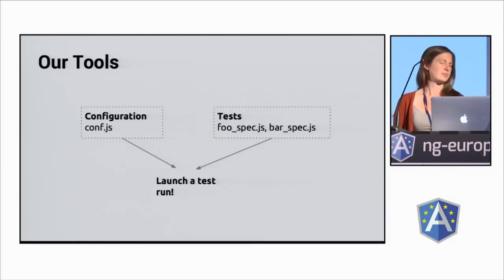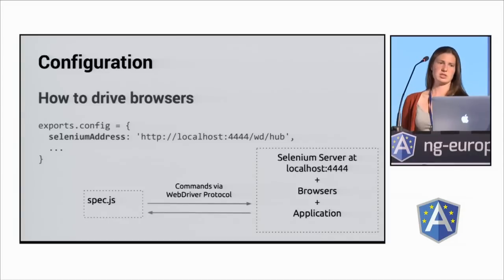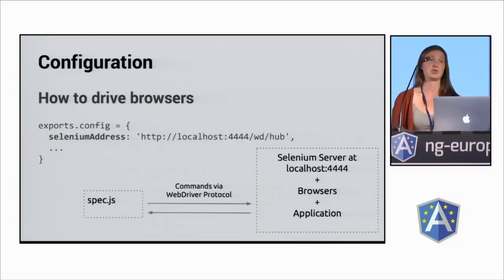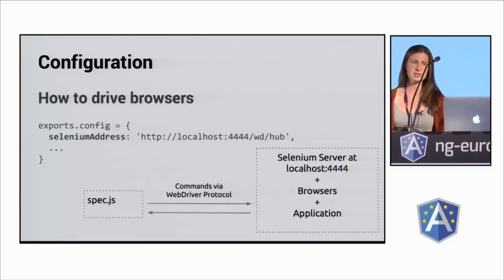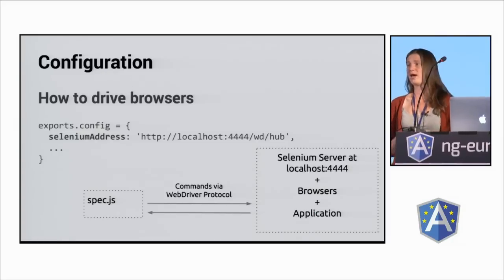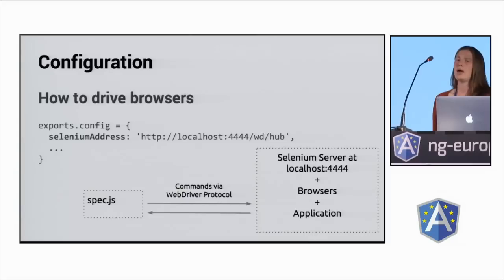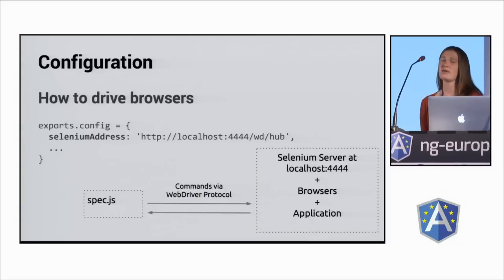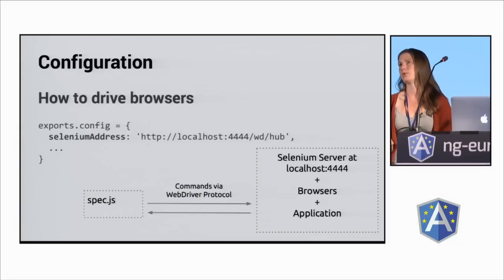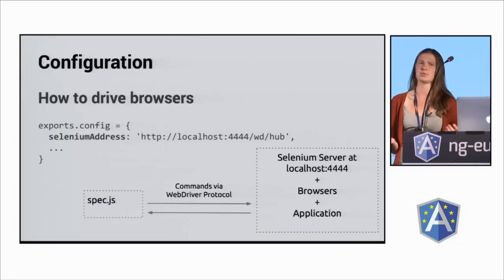What goes inside one of those config files? Good question. So this is the start of the configuration file. You have to tell Protractor, first of all, how it's going to go and drive those browsers. So there's a little bit of setup that we have a couple of utilities to make easier, and this is all listed in the tutorial. But the most common way is to have a Selenium server that's running locally and then just point to the address that that's running at, which is what this setup shows.